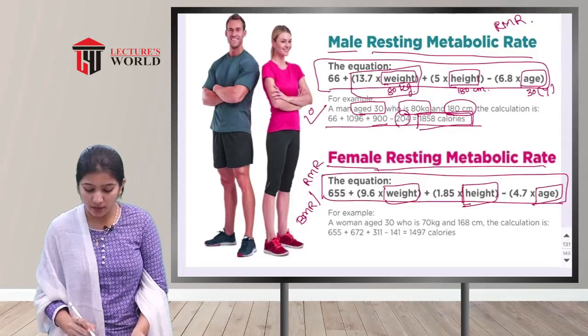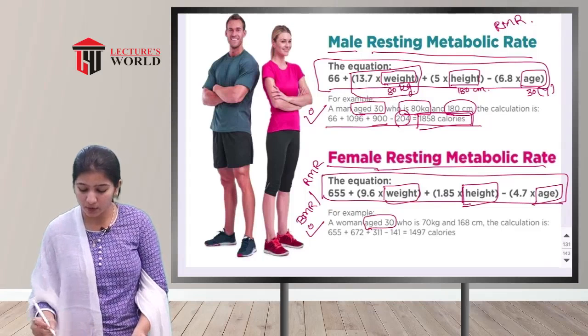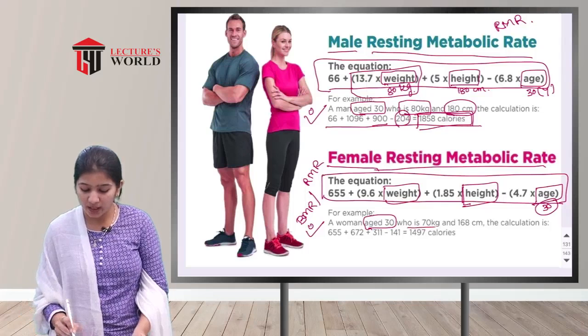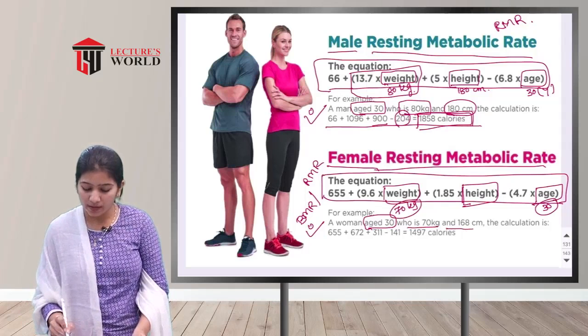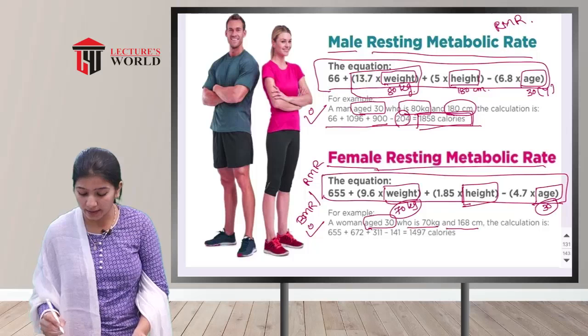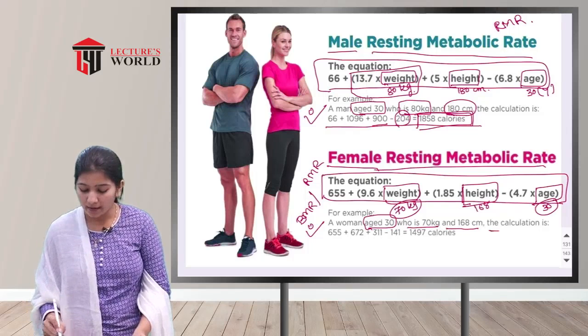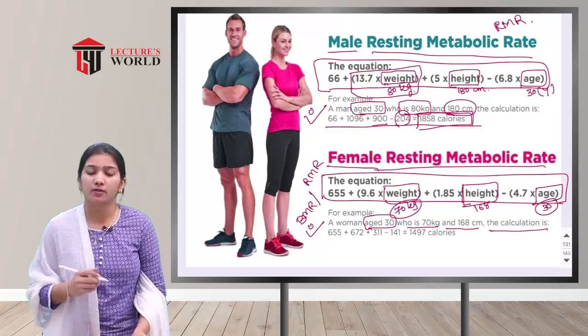Here they have given the example. A woman who is 30 years of age, with 70 kg weight, and 168 centimeter of height. After that we are calculating all these amounts.